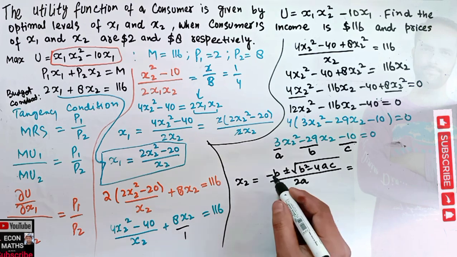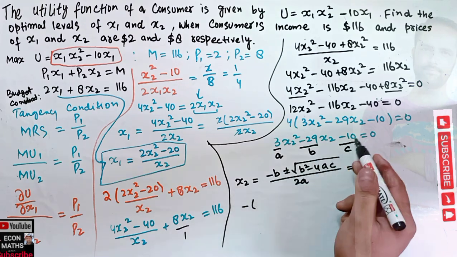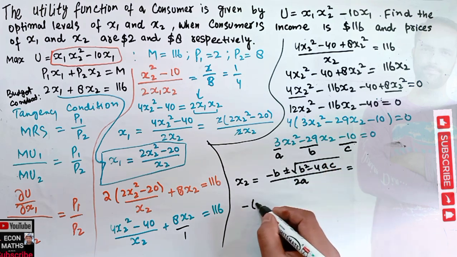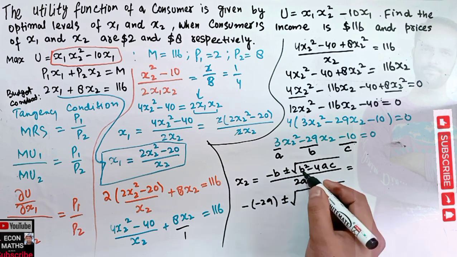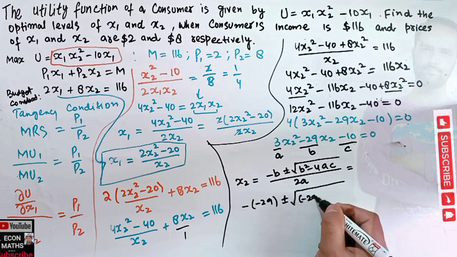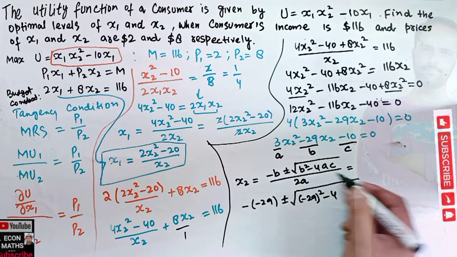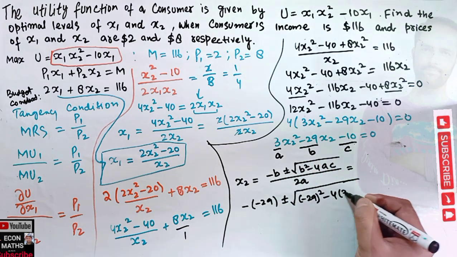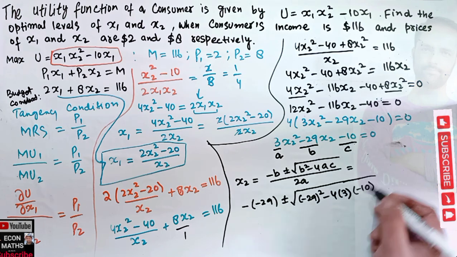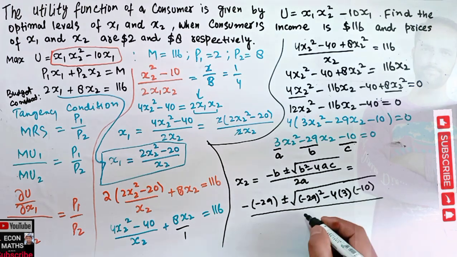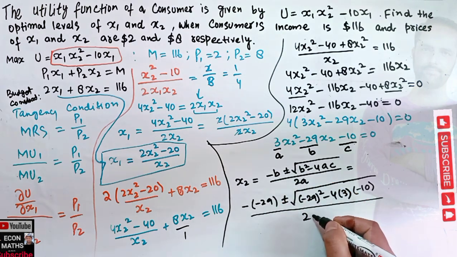Okay, so we have the minus of the formula, the value of b is minus 29, minus 29 plus minus, again b is minus 29 square, we have minus, then we have 4 from the formula, a is 3, so let us write here 3, and c is minus 10, divided by 2 times the value of a, which is 3.